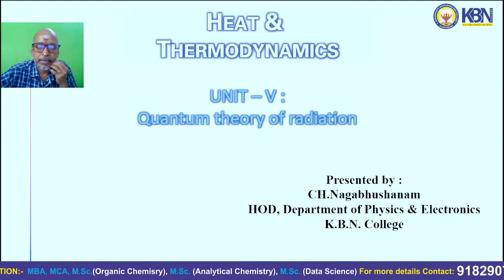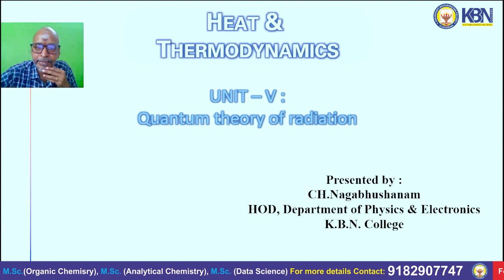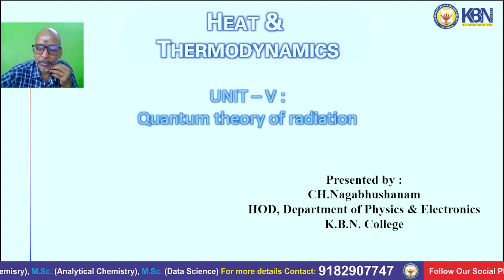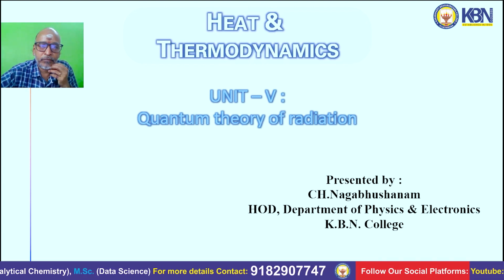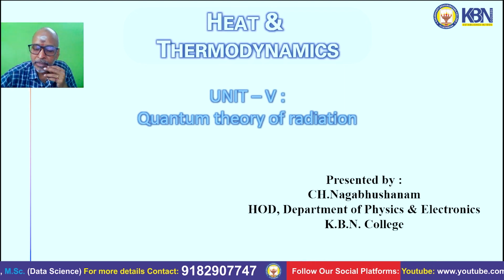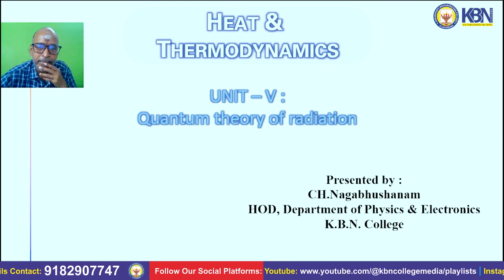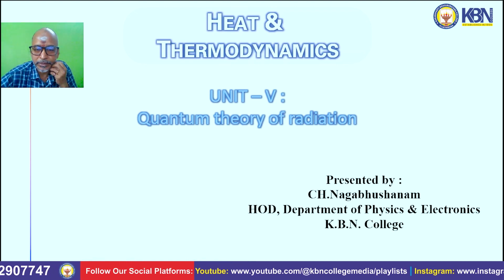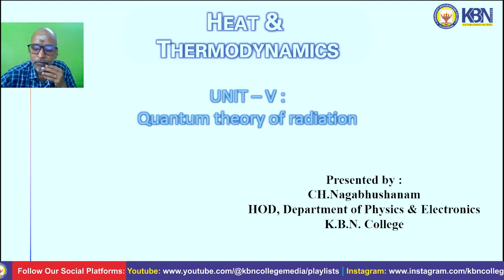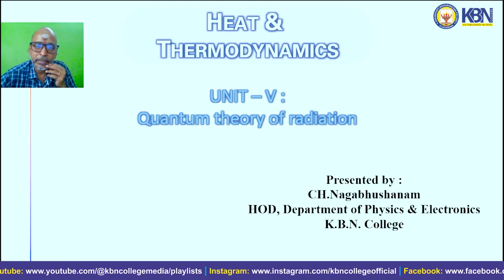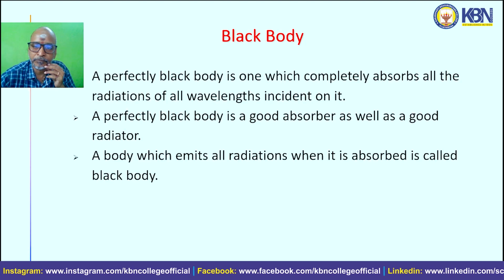In case of conduction and convection, a medium is compulsory to transmit the heat energy from one body to the other. But in case of radiation, there is no need of a medium to transmit the heat energy from one body to another. So the process of heat transmission without the necessity of a medium is called radiation.